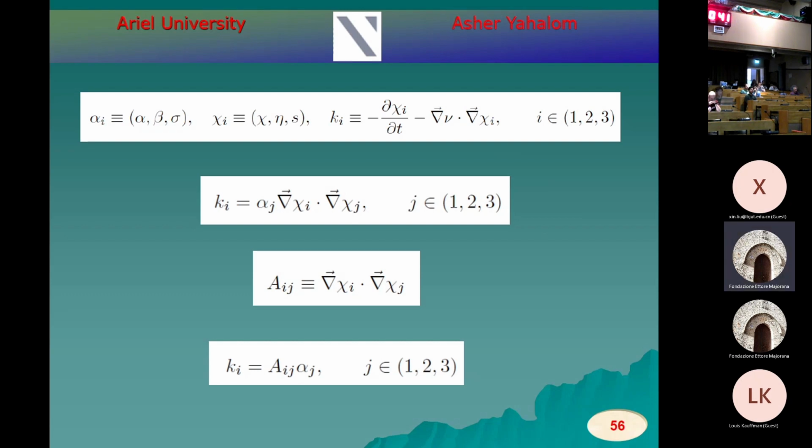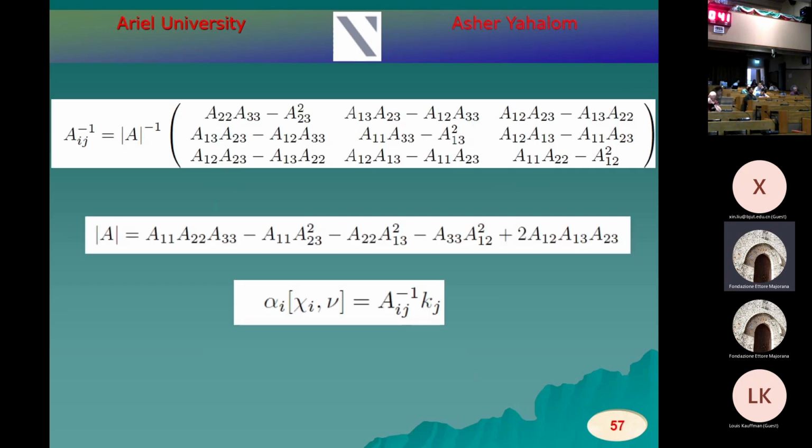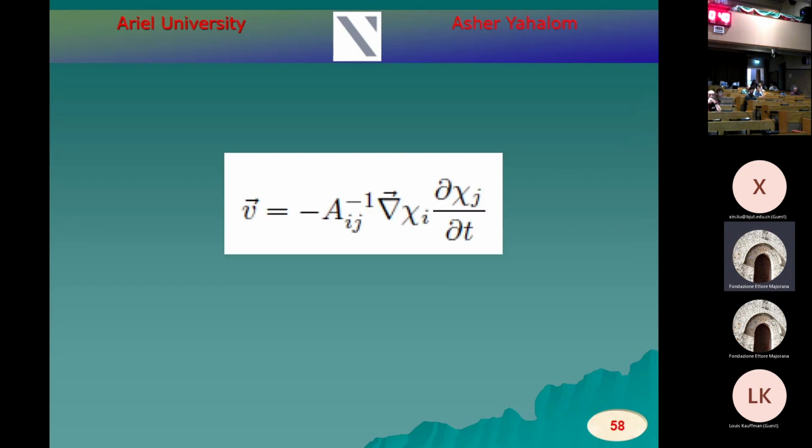So if you write it in this form, those equations just take the form kappa i equals alpha j times grad chi dot grad chi j. And you define a symmetric matrix, A ij, in terms of those co-moving labels, and you have this equation. And you can invert this matrix, and you can write the alpha j in terms of kappa i in this form. This is just the inversion of the matrix.